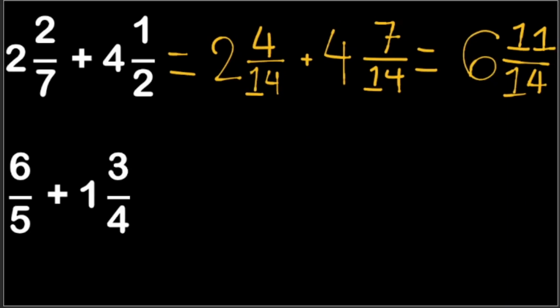Okay, as you can see for this one, you have an improper fraction added to a mixed fraction. So, first we need to find common denominator. I'm going to use 20. That's the lowest common denominator.